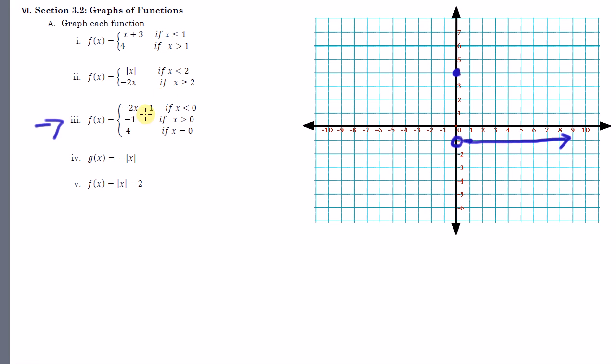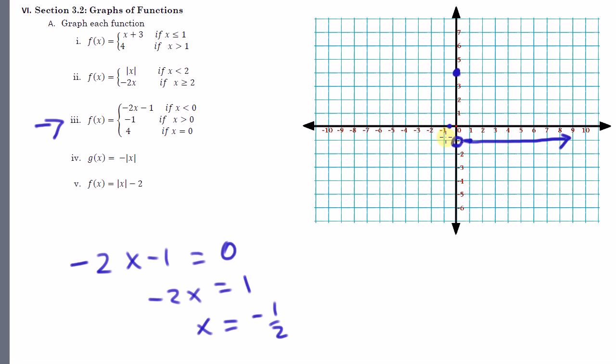And at 0, it's going to be a positive. Let's set this to 0. And it's going to be -2x is equal to 1. And x is equal to -1/2. So when y is 0, x is -1/2.